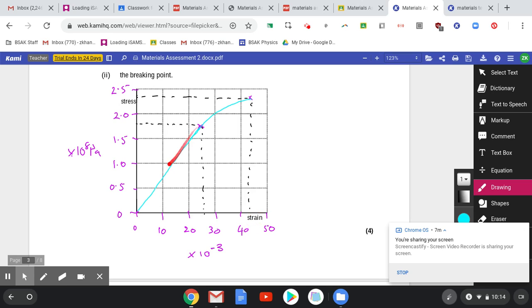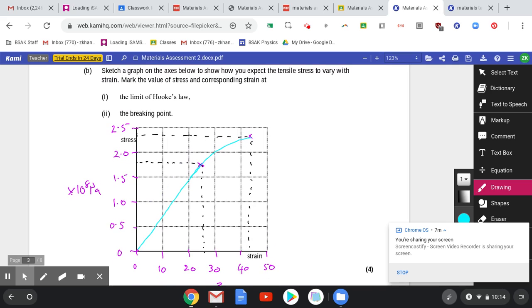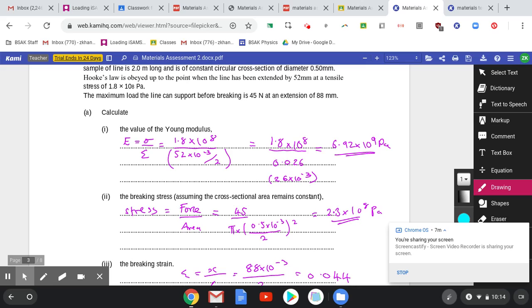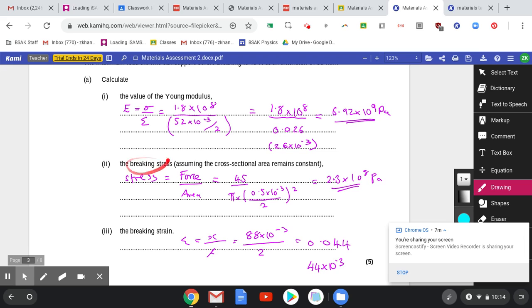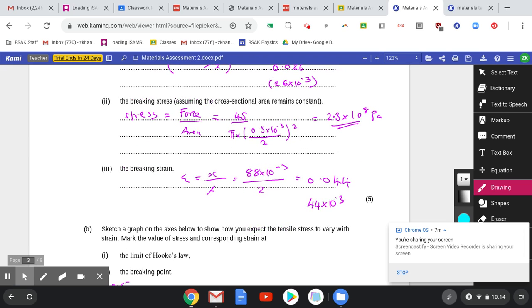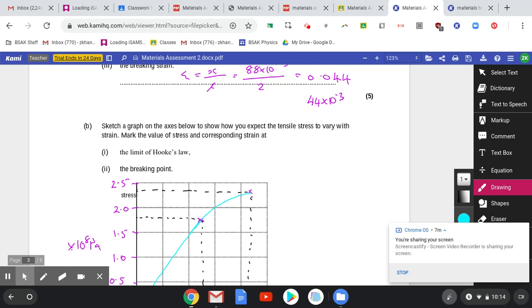So there's a straight line we can draw up to that point, and we know that the breaking stress is 2.3 times 10 to the 8 pascals, and we know the breaking strain is 0.044 or 44 times 10 to the minus 3.